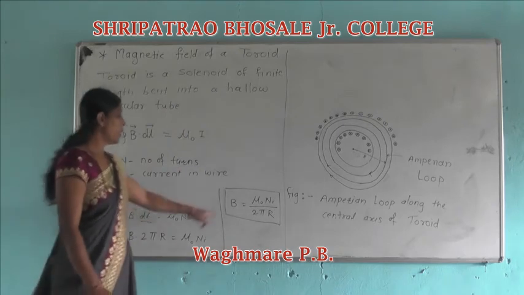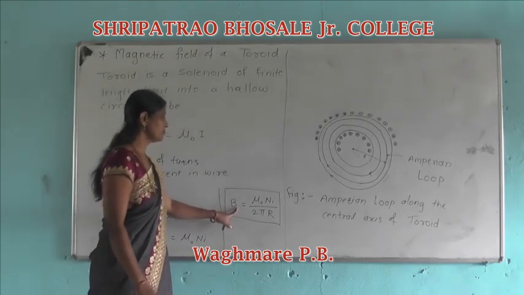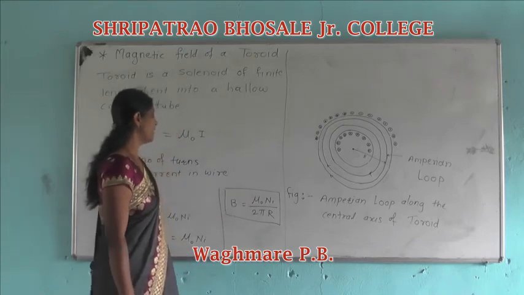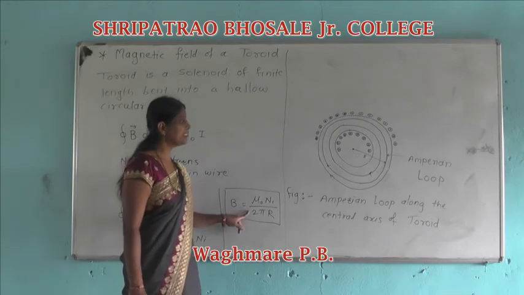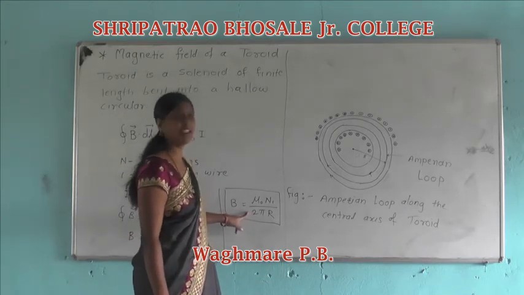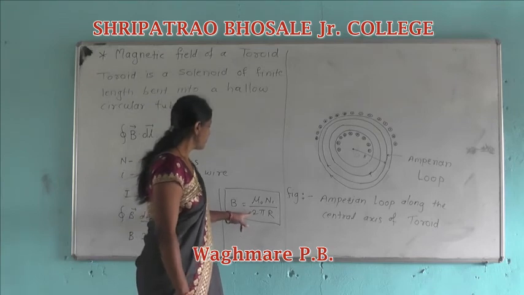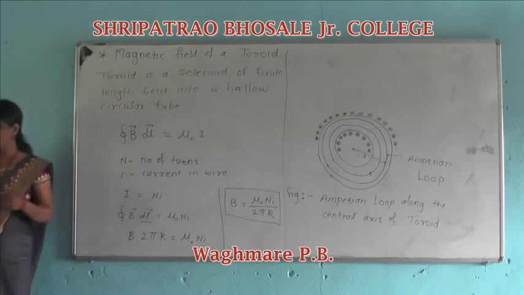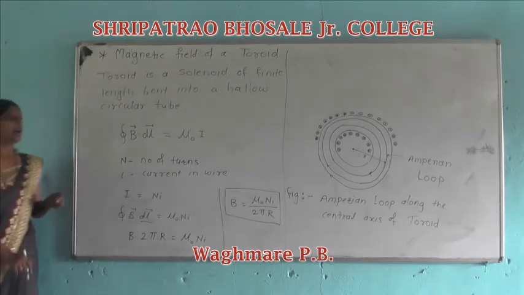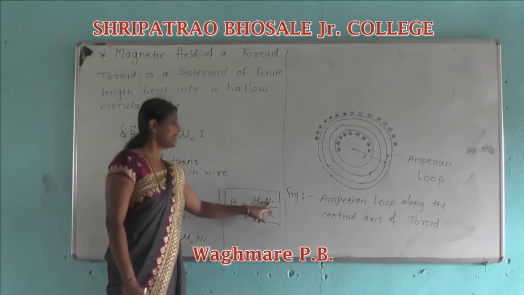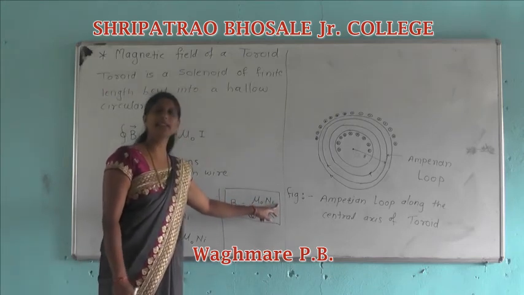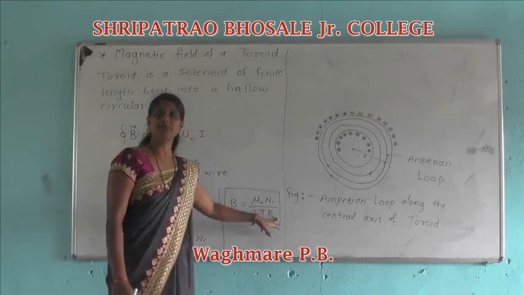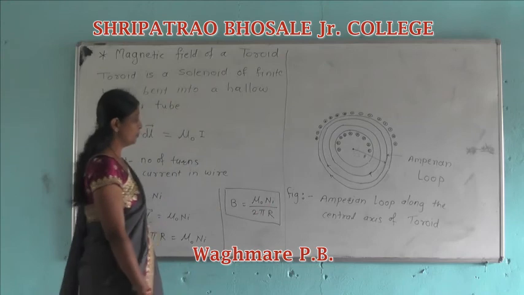This is the magnetic field at the central axis of the toroid. When we consider this Ampere loop, the magnetic field is equal to mu naught N i upon 2 pi r, where N is the number of turns, i is the current in the wire, and r is the radius of the Ampere loop.